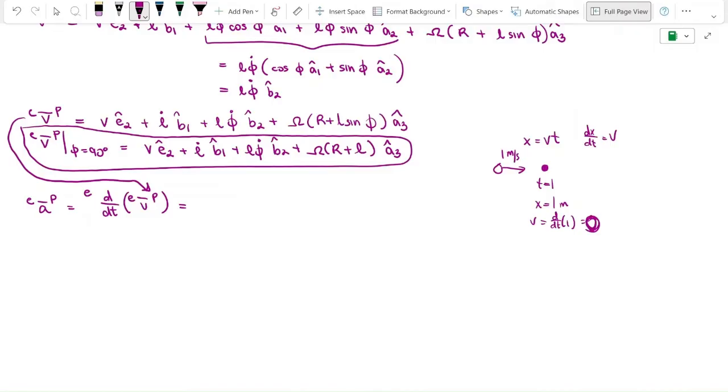So we do this expression and plug that in here. And we get v dot, okay, I'm going to split this up again. I split up the terms because they're all in terms of different coordinate systems, right? So I first did the time derivative of v E2 hat, and then the time derivative of L dot, and then the A frame.